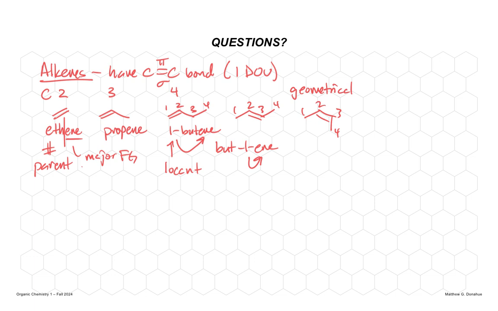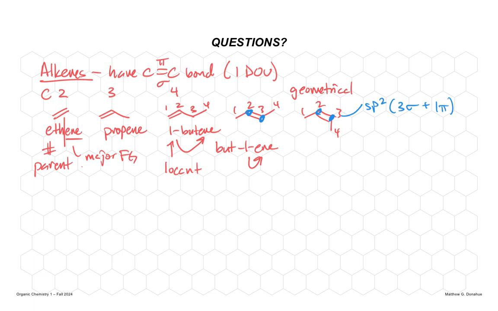So let me highlight these carbons, 2 and 3. Those carbons are sp2 hybridized. Visually, they have 3 sigma bonds and 1 pi bond.